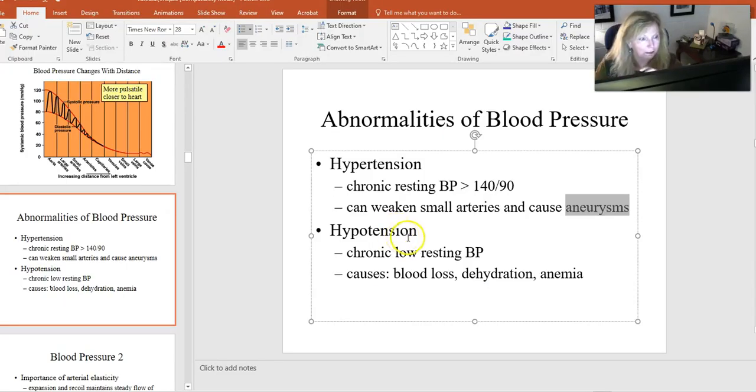Let's think about a vessel, a blood vessel. When blood is moving through the vessel, we saw that it had several layers. The lumen is lined with endothelial tissue. The middle layer is muscle. The outer layer is also epithelial tissue. But what happens with high blood pressure is that you can get a separation of those layers, and blood will be forced into a little blister on the vessel.